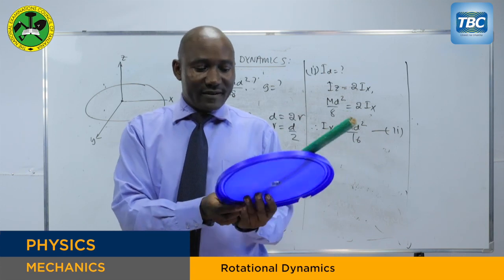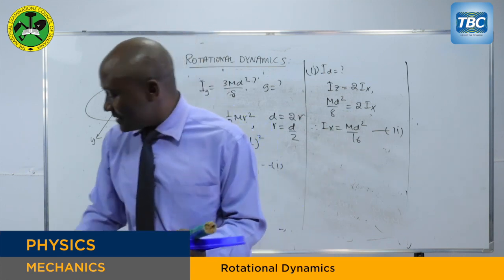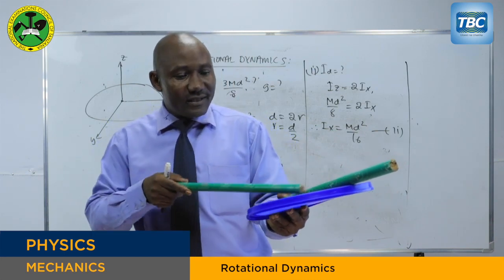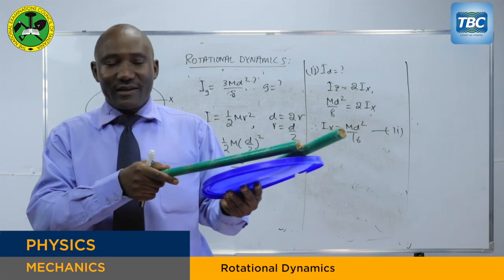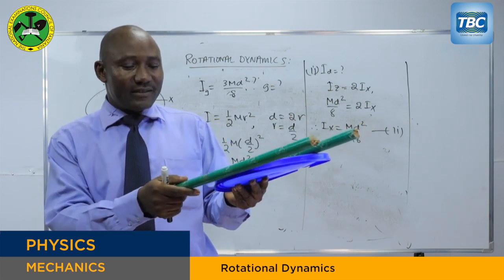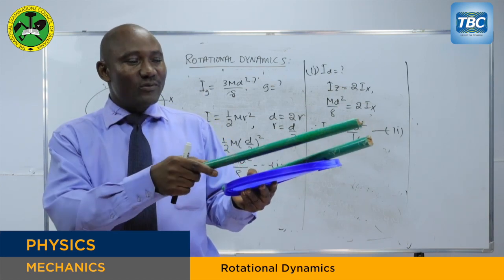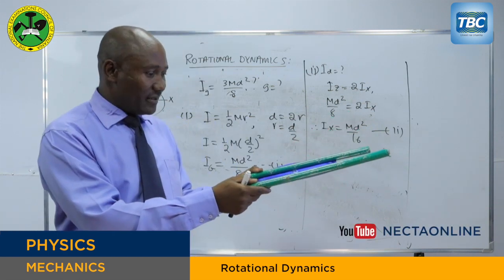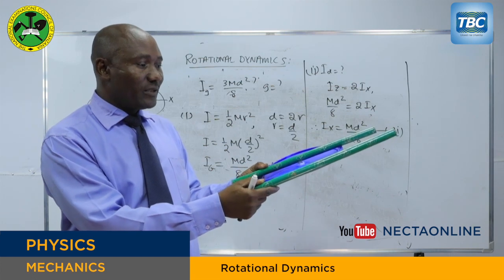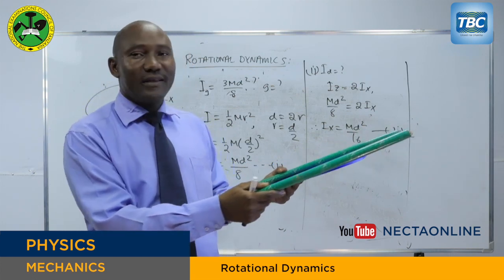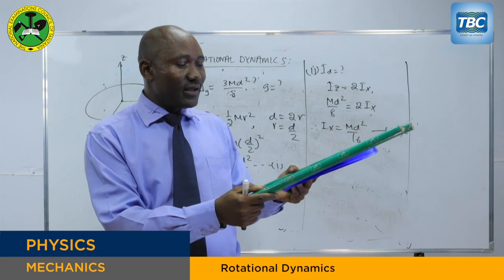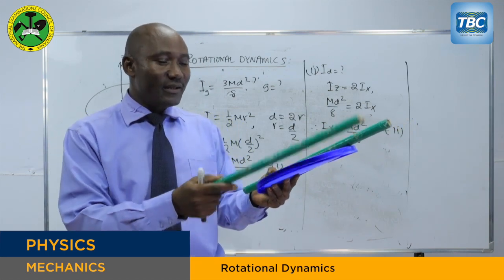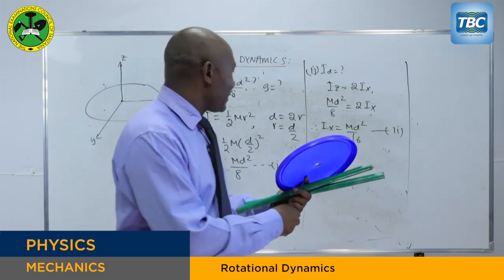We know the formula for the center, and the moment of inertia about the diameter. The axis passing through the circumference is parallel to it. Since we know this, we can find the moment of inertia about that axis. The two axes are parallel, so you apply the parallel axis theorem. Let's check whether it's passing through this axis, touching the circumference and parallel to the plane. That's case number 3.